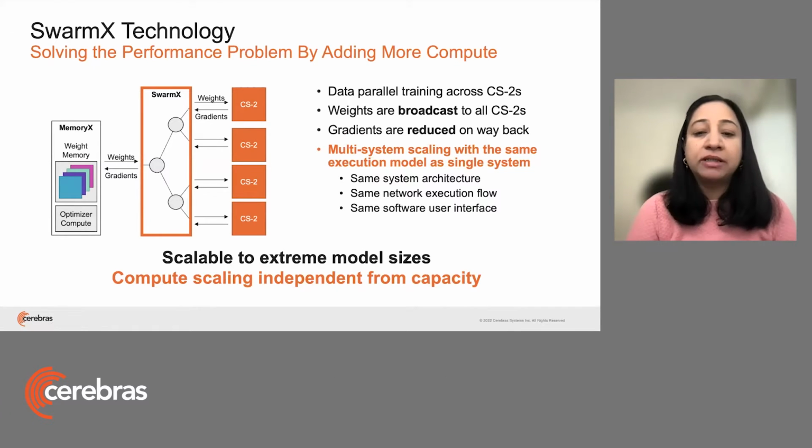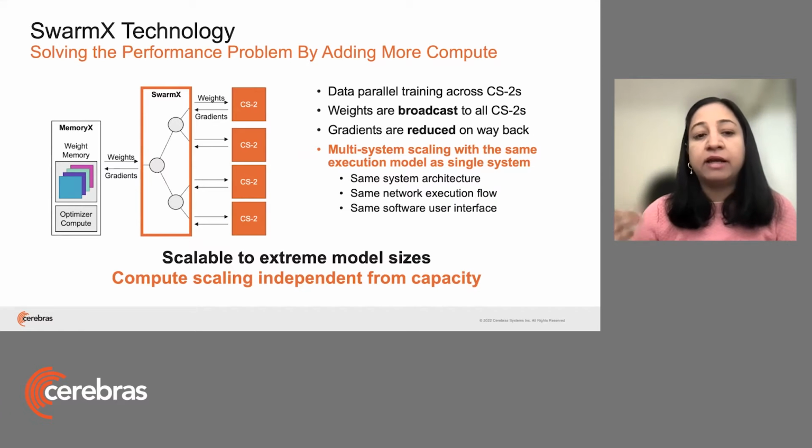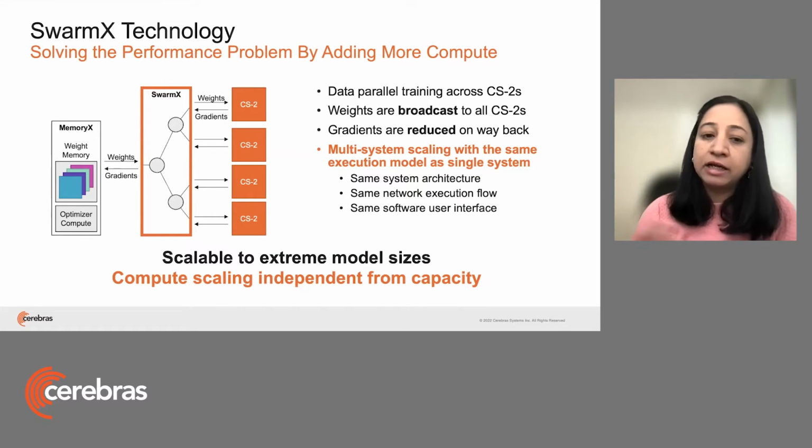So SwarmX is a piece of hardware. It is an interconnect, with technology to handle multiple interconnect switches, such that the main functionality here is to do broadcast and reduce. So it takes the weights from MemoryX, and since it interconnects multiple CS2s, it's able to broadcast the weights, and then on the way back, it collects gradients from the CS2s and reduces them.